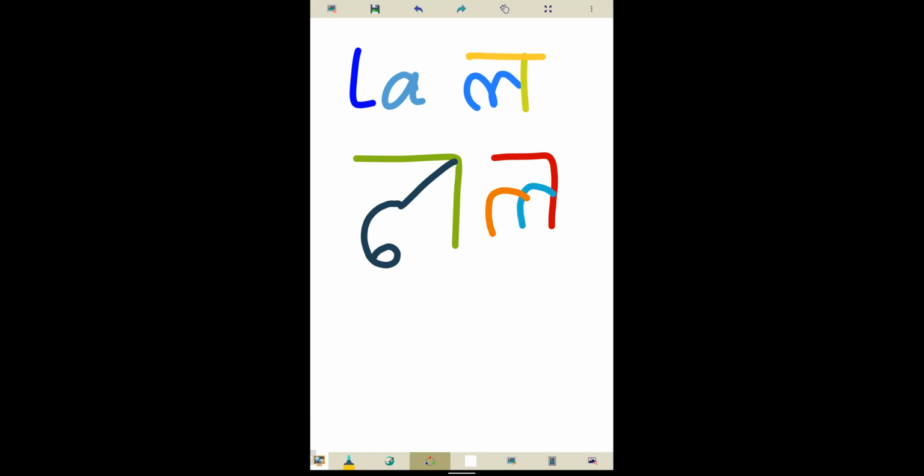What is the basic difference? The basic difference is the head stroke in the la on both sides. But in Nandinagari, it is only to the left. And another variety of la. Look here. This is also la, note it down.